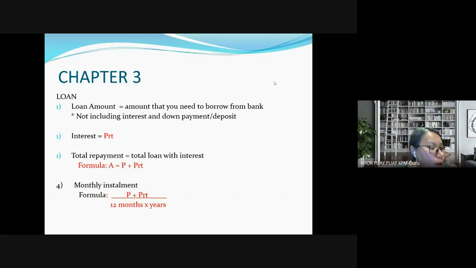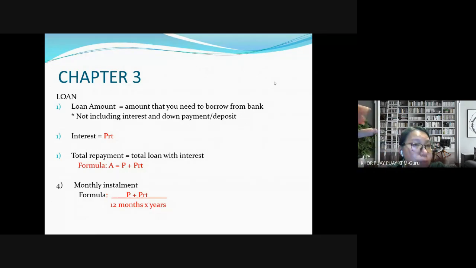All right, now we want to focus on loan. Now for loan here, we also count interest, but this interest is what you pay the bank, not what the bank pays you. So for loan, we have 2 types of interest actually. Okay, simple interest or interest on balance. For loan, the bank normally charges simple interest.